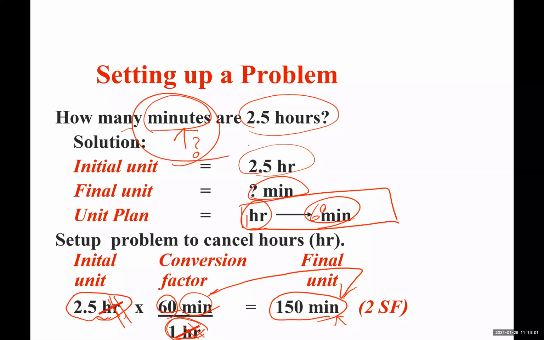Yes. So what is the unit conversion factor suggesting? It says take 2.5, multiply by 60, and then divide by 1. You know any number divided by 1 is the same. So all you have to do is multiply 2.5 by 60. The unit which is left is minute. You got it. That's how you solve this problem.